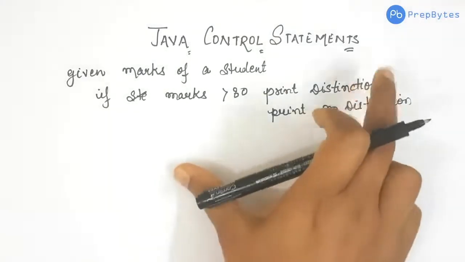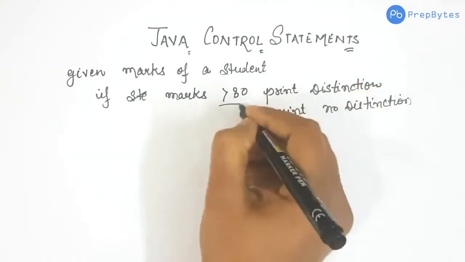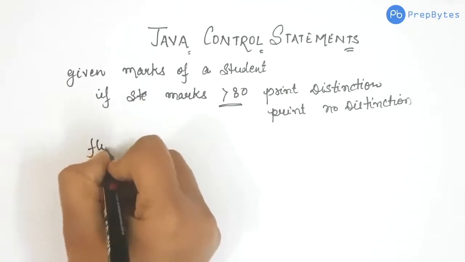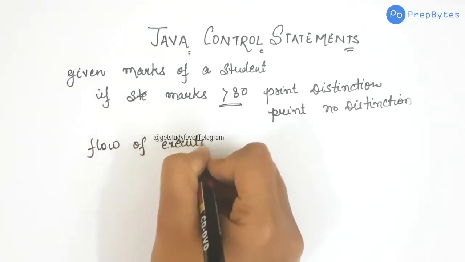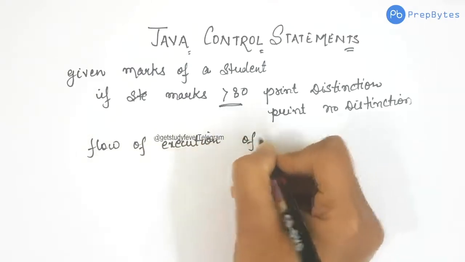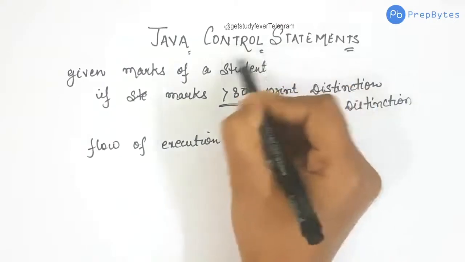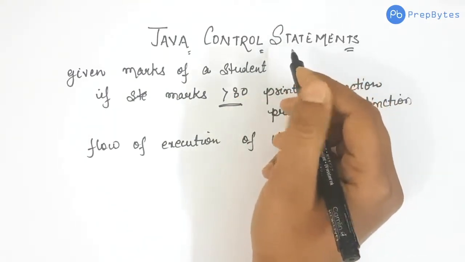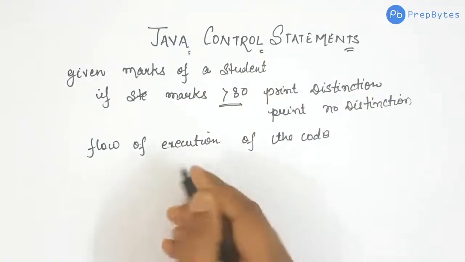But if you try to see what is happening in this, what we're trying to do is that based on certain conditions, we are trying to control the flow of execution of a code. So that is why we use Java control statements to control the flow of execution. Java control statements are of two types.